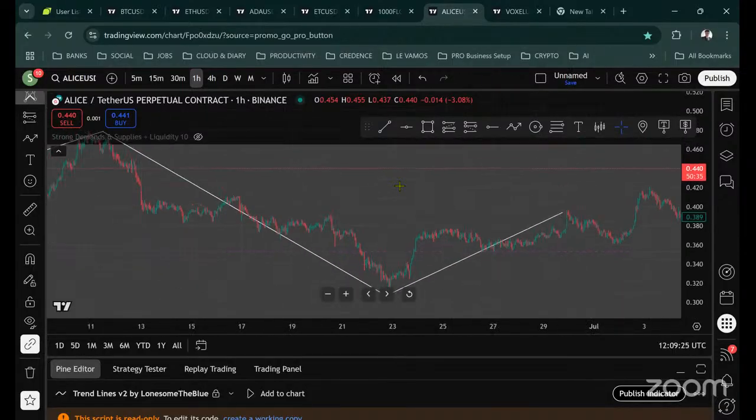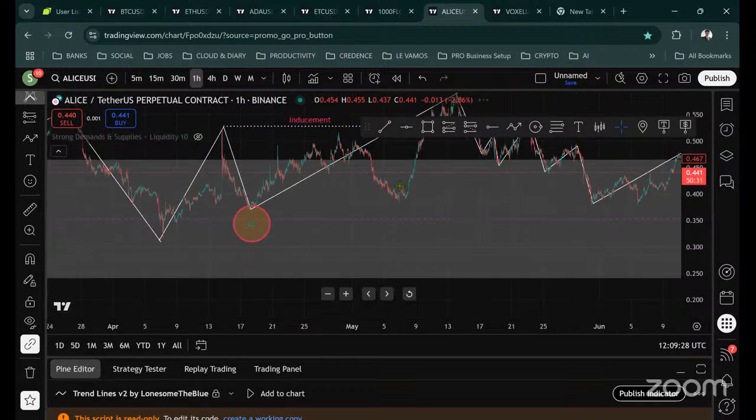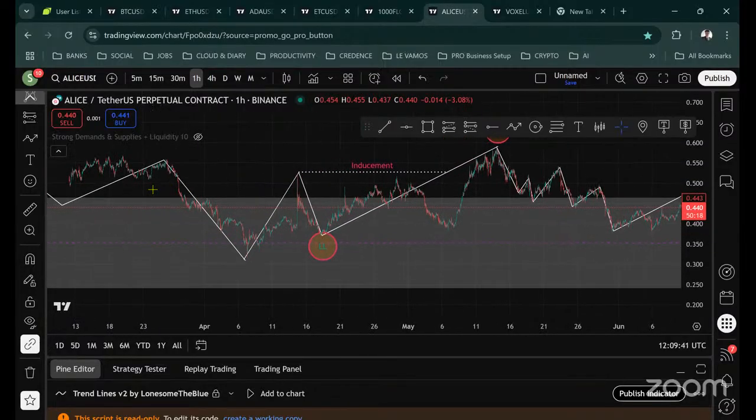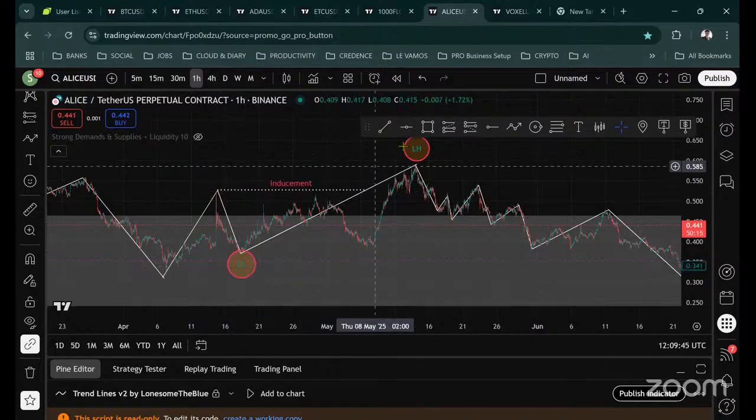This is the lowest point in that case. I think this area is the lowest point because here it is an inducement. Yeah, this is an inducement. That's why I put it low. This is lower low. This is high.